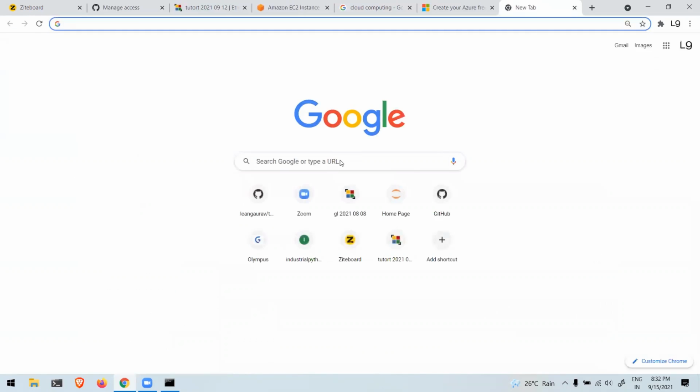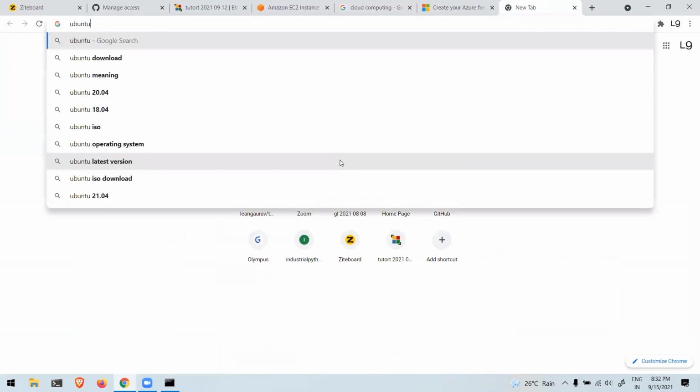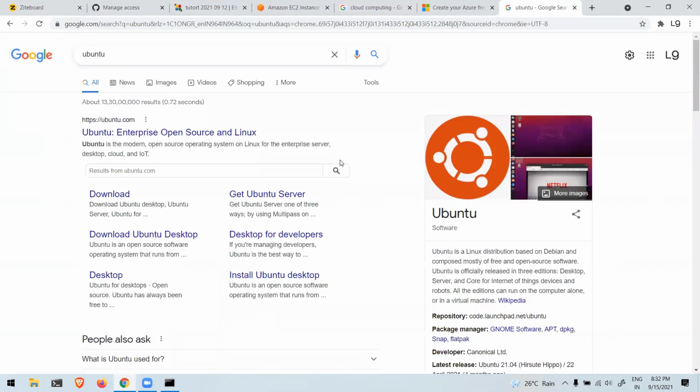For example, if you look at certain software like Ubuntu, or even Python, they come with a kind of support: till when will they publish updates, or till when will they fix the bugs in the software. All that has to be considered as well.